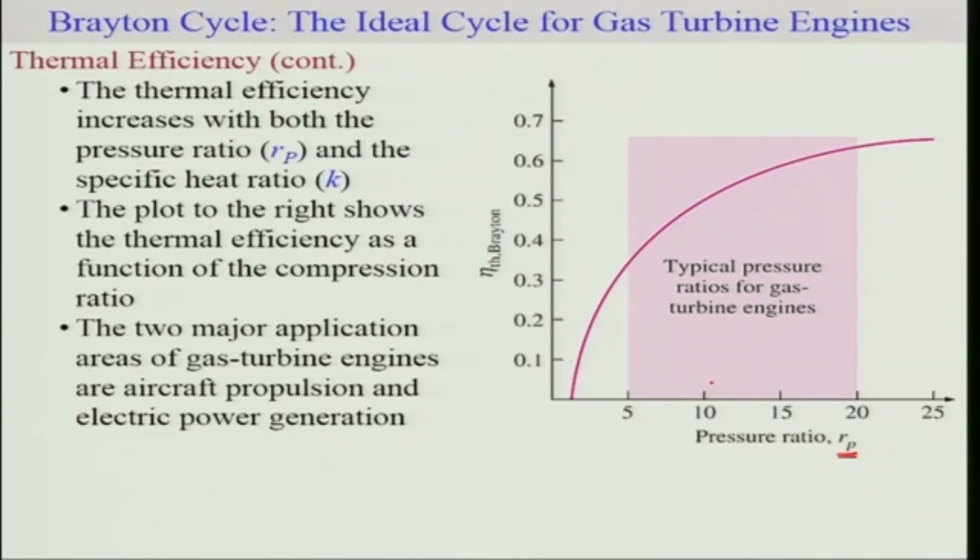Thus the material limits the pressure ratio which can be used by the cycle. Even though theoretically it can increase further if you increase the pressure ratio, it is typically limited by the material properties, and hence the typical pressure ratios are in this shaded region. The two major applications for gas turbines are aircraft propulsion and electric power generation.